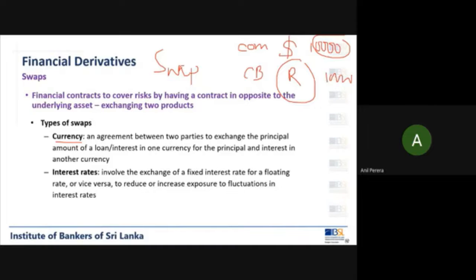Now, of course, to do this, you have to pay some extra margin also that you call swap points, right? These swaps do not happen for free. There is some margin charged for that, the swap points, which means some small interest.